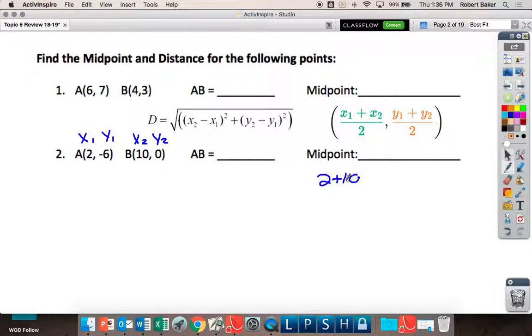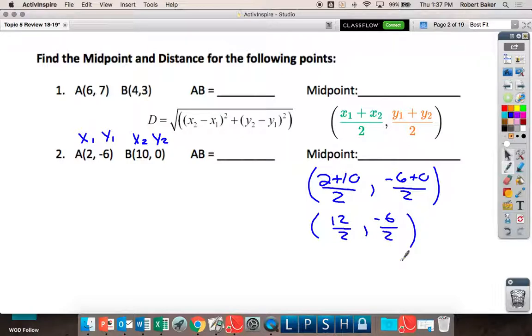2 plus 10 divided by 2. Negative 6 plus 0 divided by 2. Alright, so add the numbers together. 12 divided by 2, and negative 6 divided by 2. If you can simplify it, simplify it.